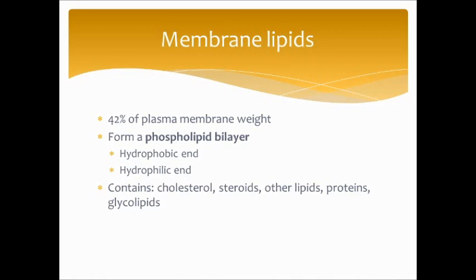So it allows certain polar molecules to travel through. Certain molecules will need channels or carrier proteins to get through the plasma membrane because of these hydrophobic and hydrophilic components.